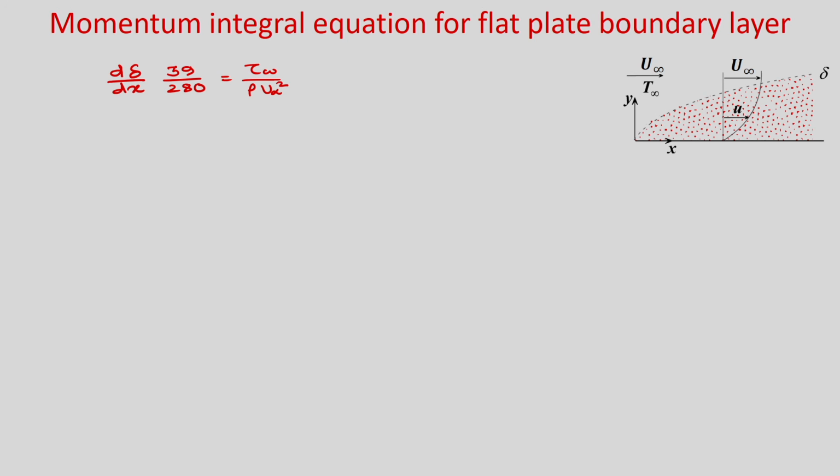Okay. So, now let us find what is the wall shear stress, because wall shear stress you can express in terms of the velocity gradient at y is equal to 0 and velocity profile already you have derived. So, you will be able to find what is the shear stress.